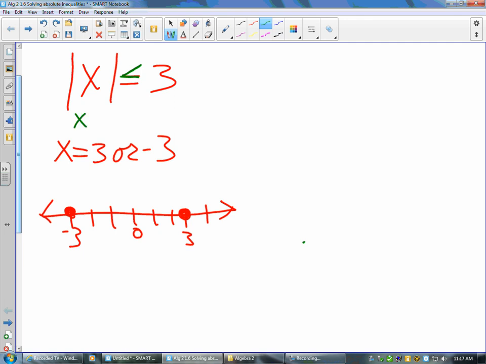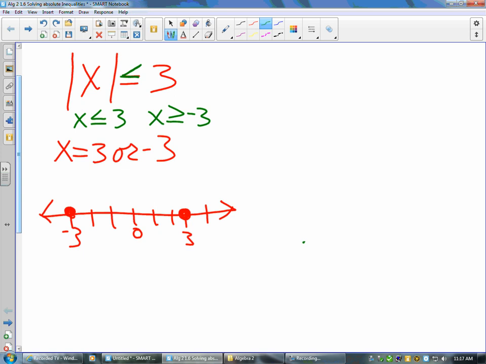The first case will be x is smaller than or equal to 3. But in your negative case, the sign switches, and so x will be greater than or equal to negative 3. So the sign flips in your negative case.